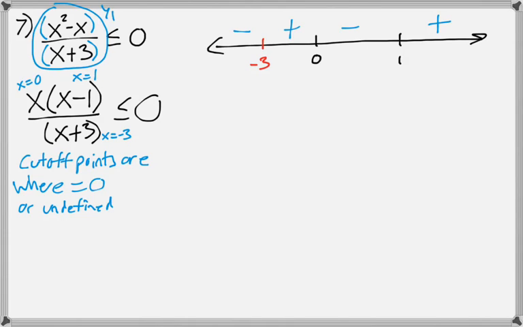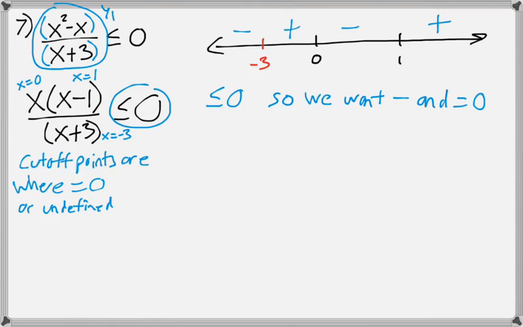Now, the regions that I want, because of this sign, this means negative and equal to 0. So I do want these regions and where it's equal to 0.